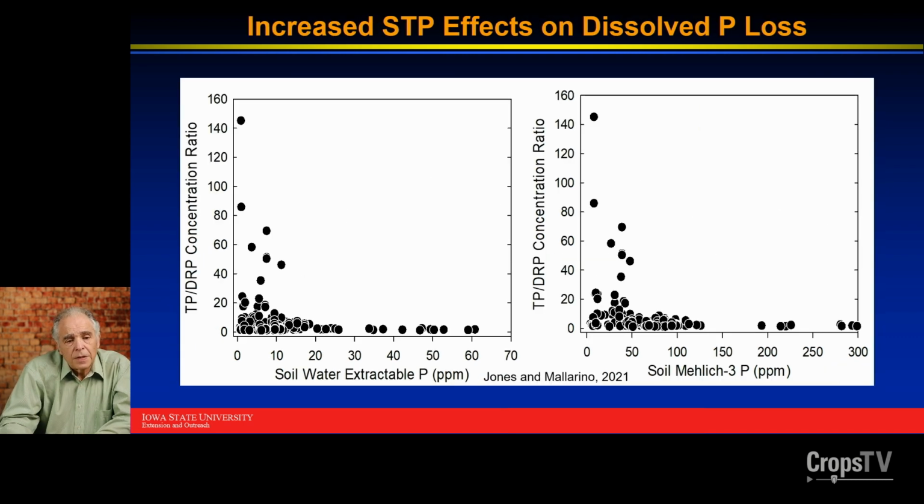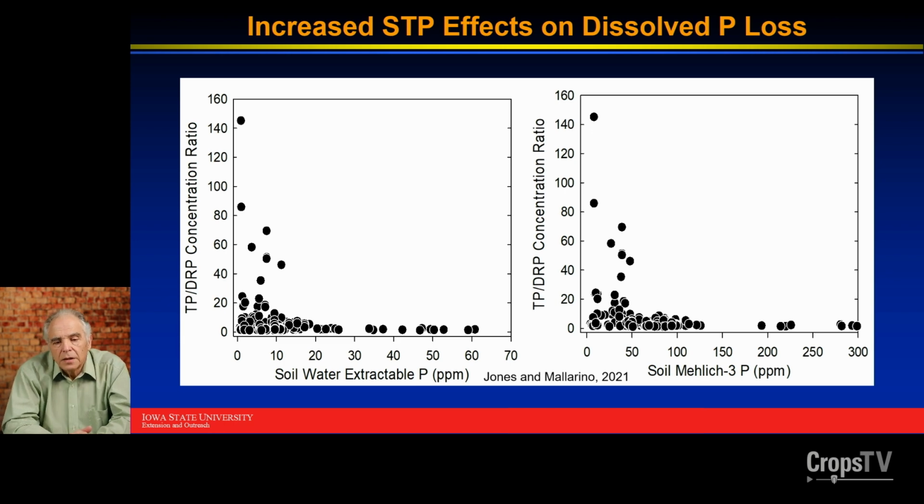Then this is a graph that may be difficult to understand, but I wanted to show how the soil test P level influences the proportion of the soil P in the total runoff P. So in the graph at the left, we have the ratio total P divided by the DRP concentration, against the soil water extractable P, which really measures the very available and soluble P in the water.